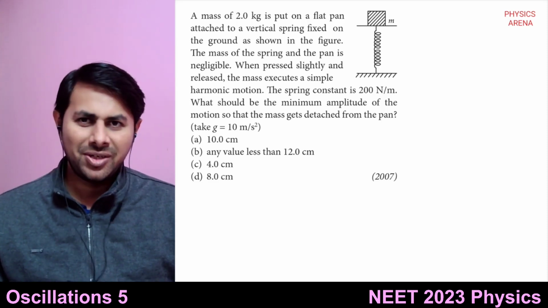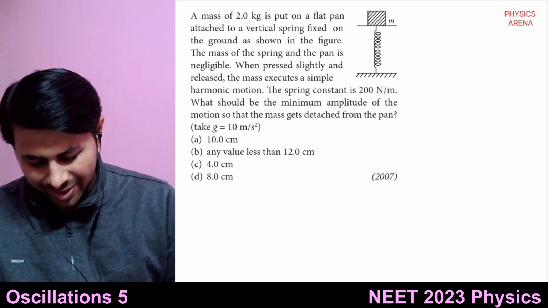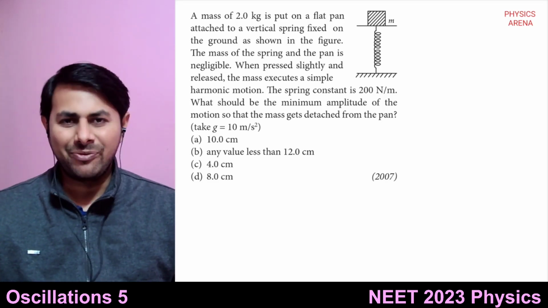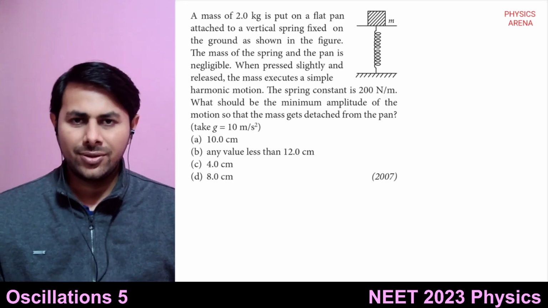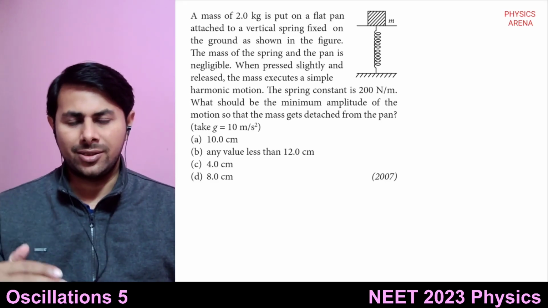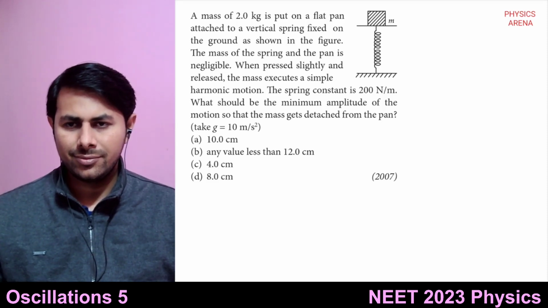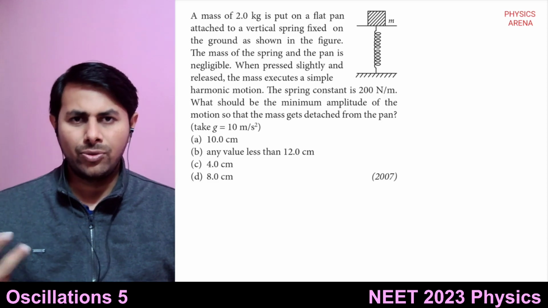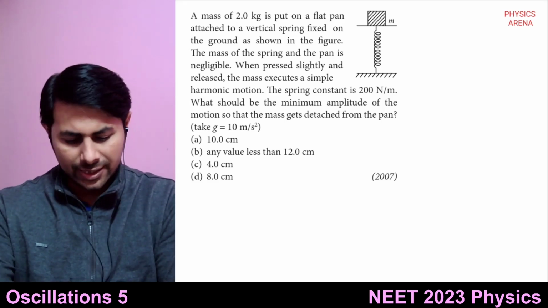Okay, 1 minute goes in reading the question itself. Anyways, so what will happen? At what position will it get detached? Suppose you press it and release. There are two forces acting on it.